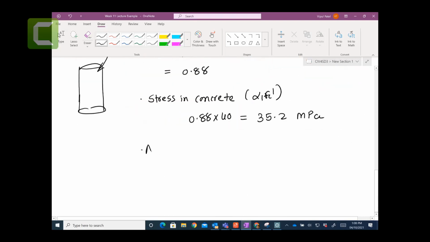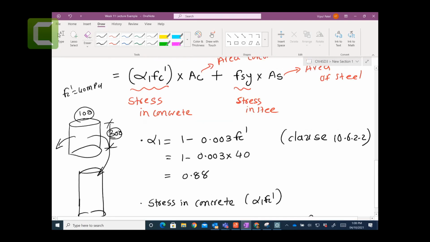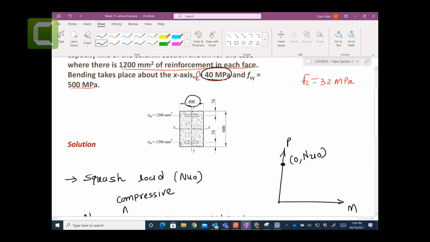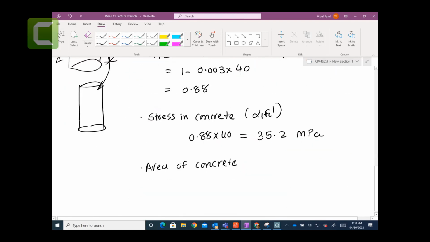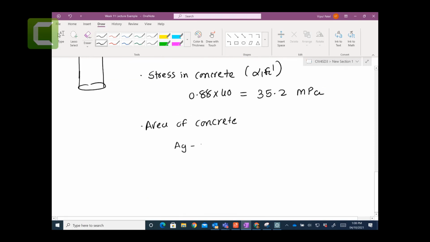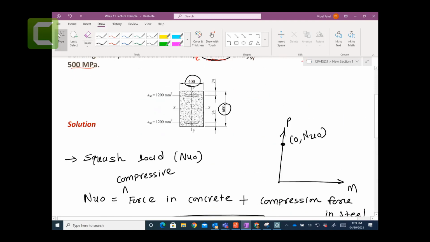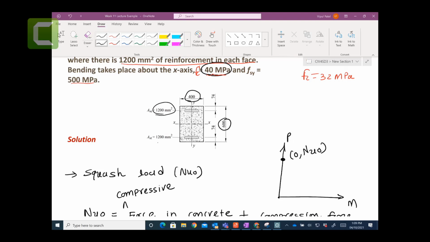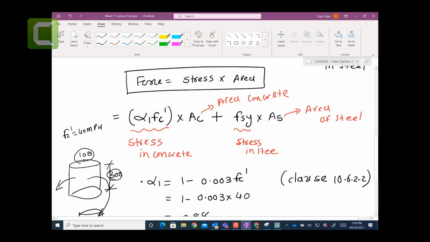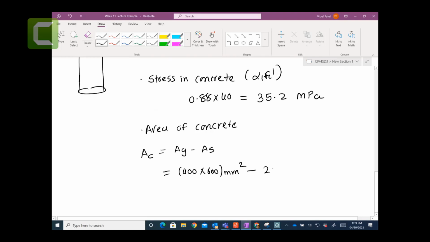Area of the concrete. Now the area of the concrete can be found. Gross area is 400 by 600, take away the area of the steel. So 400 by 600 is the gross area in millimeter square, and the steel area is 1200 and 1200, so there are 2400 millimeter square in total.